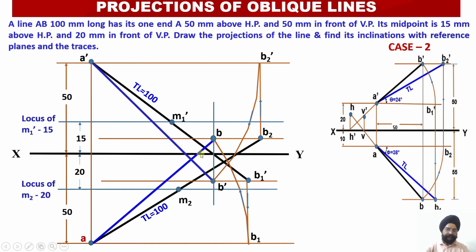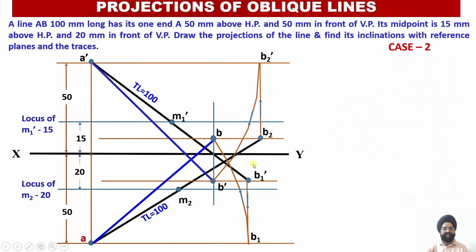Similarly, my plan projection line AB intersects the XY line over here. This gives me point V, and then I drop a perpendicular onto the elevation projection line A dash B dash. Wherever it intersects gives me point V dash.